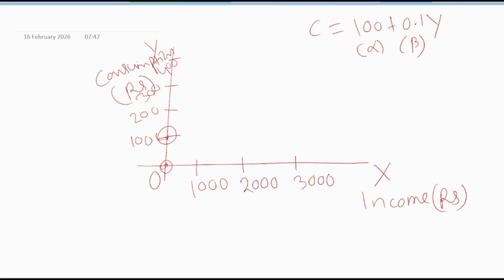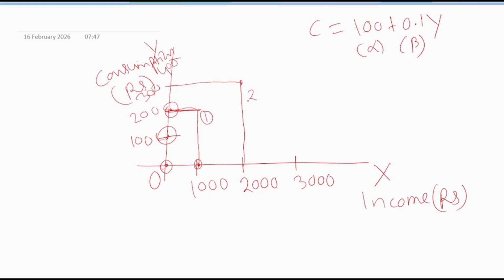Now we can just join these points. That means when income was 0, consumption was 100. When income is equal to 1000, consumption becomes 200. So we can join this as this. Suppose this is point 1. Now when income increases to 2000, consumption becomes 300.